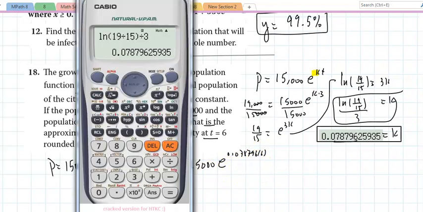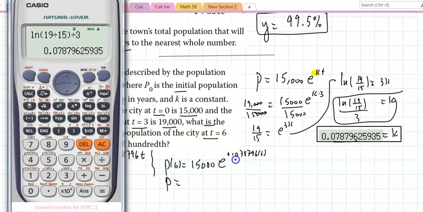And notice that this value is already stored in my answer. So all I have to do is take 15,000 e raised to my answer multiplied by 6.